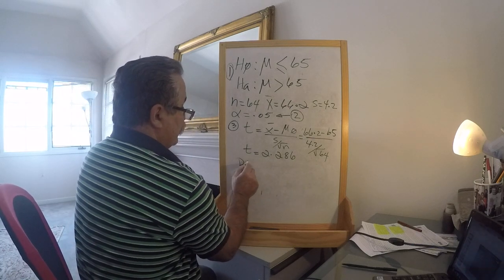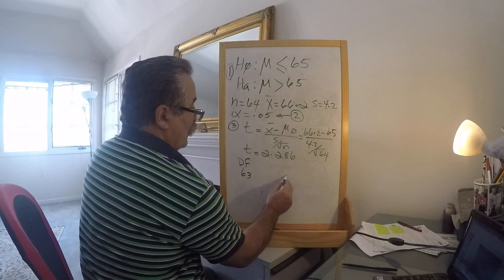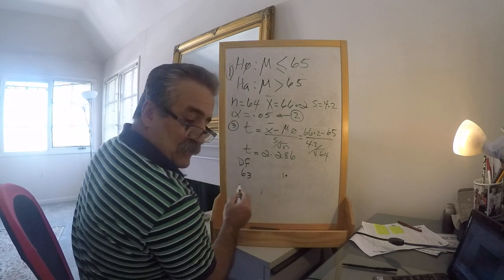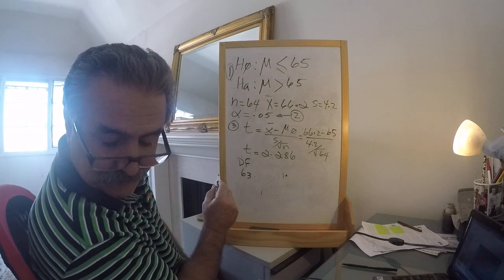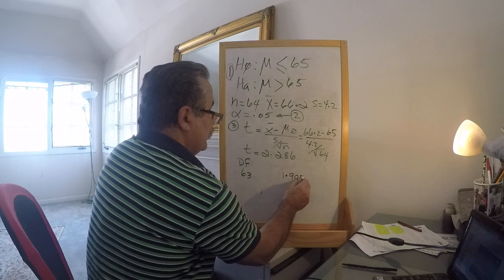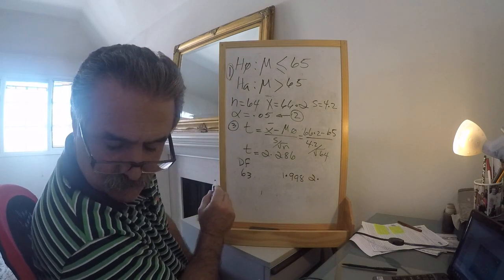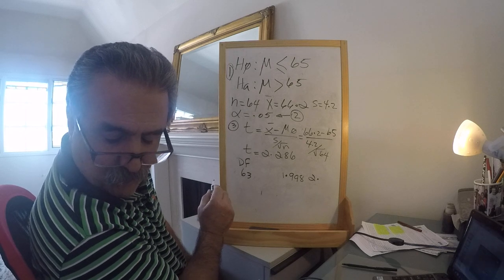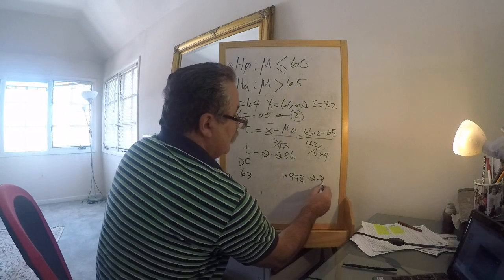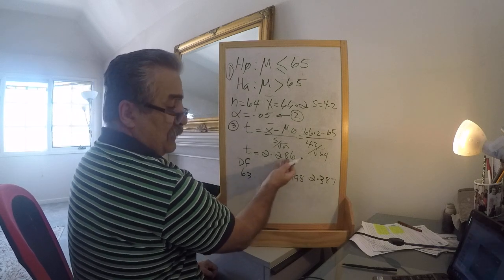So degree of freedom, we have 63. We have 1.998. Next to it we have 2.387.